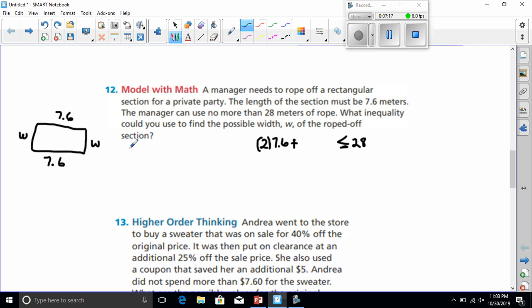And that'd be added to, well, 2 W's. We don't know what W is, but we do know there'd be 2 of them. If I take 2 times 7.6, 7.6 plus 7.6 is going to be 15.2.